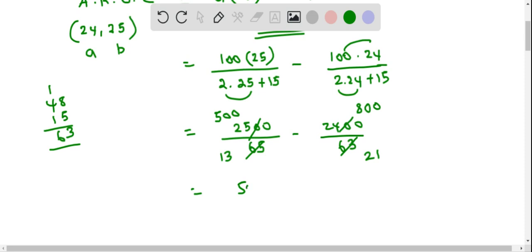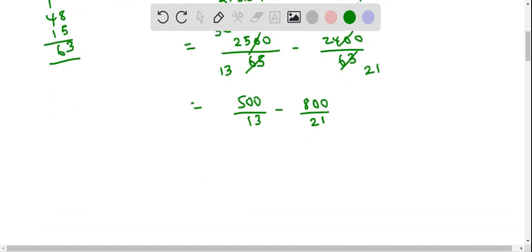So the first fraction reduces to 500 over 13, minus the second fraction, which reduces to 800 over 21. The common denominator for these two fractions is the product of 13 and 21, since they don't have a common factor, we can just multiply them.